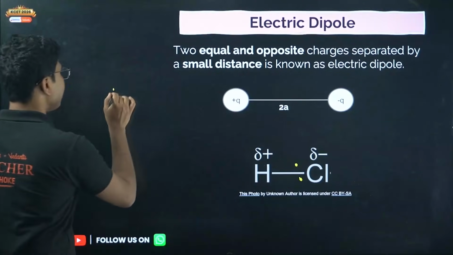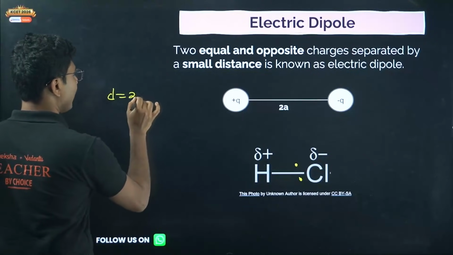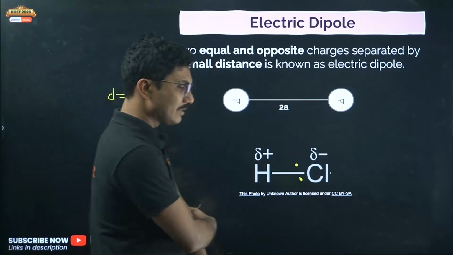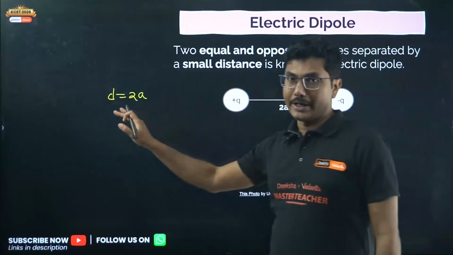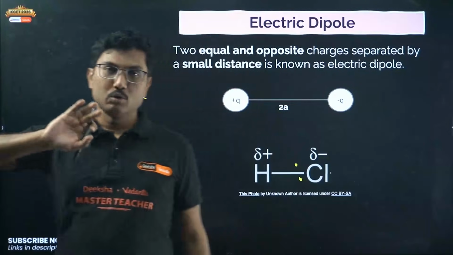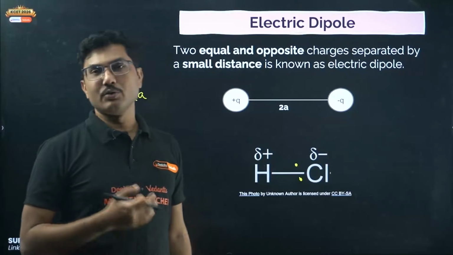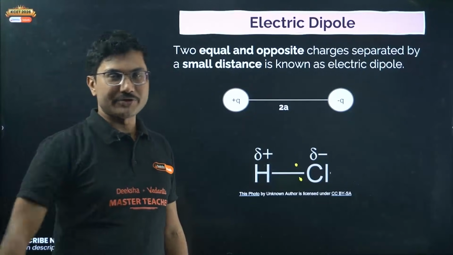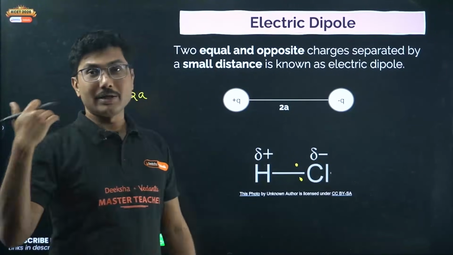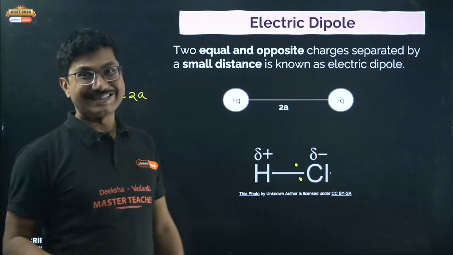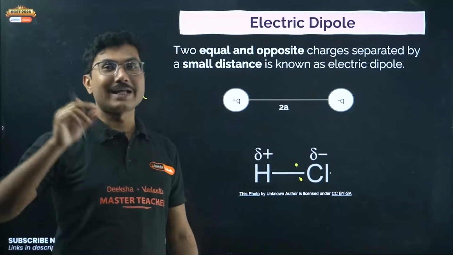So the distance between the dipole itself is 2a. So if you see a question where distance is given, then you have to use 2a, not a. Do not multiply with extra 2 unless it is mentioned in the question. If it is mentioned half distance, then you have to multiply 2a. If it is mentioned only distance, then the 2a itself is that distance.